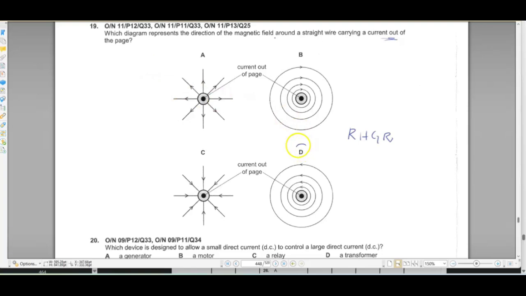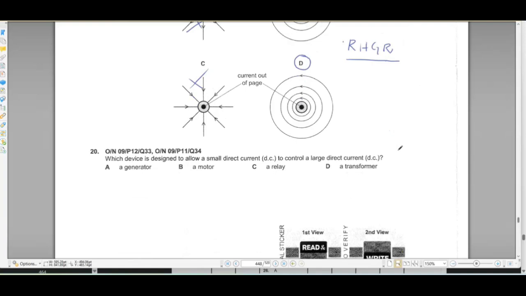So D is going to be the correct option. These two are not correct. We aren't studying electric charge, or positive charge, or negative charge over here. We are talking about magnetic field and current, which is related by right hand grip rule. So if you apply your right hand grip rule, as I've just told you, you are going to see that D is the correct option.